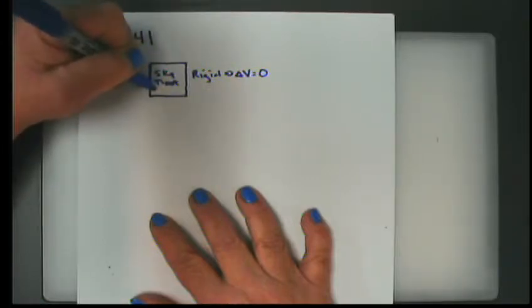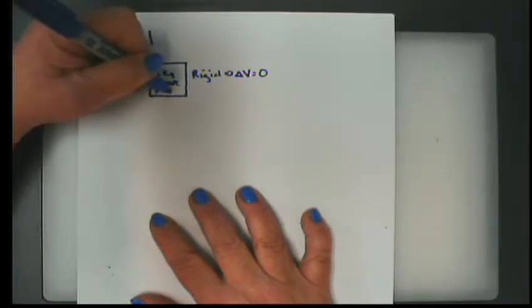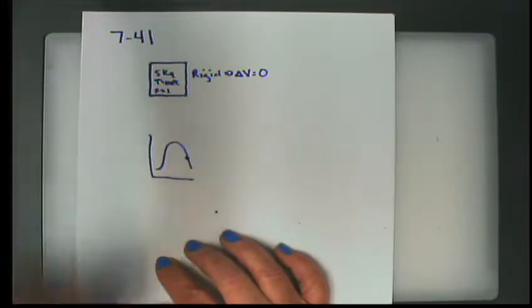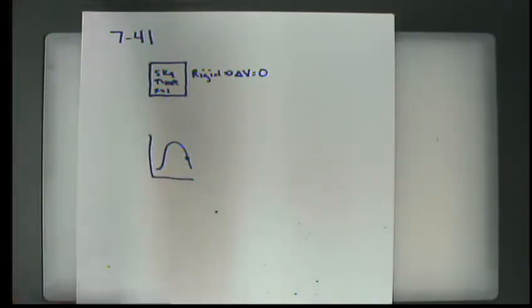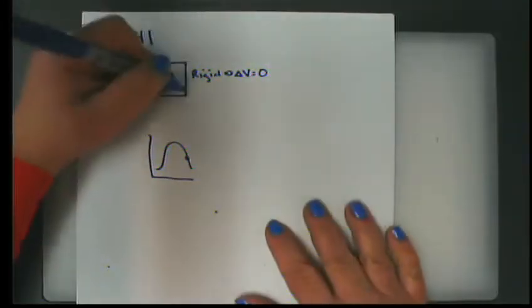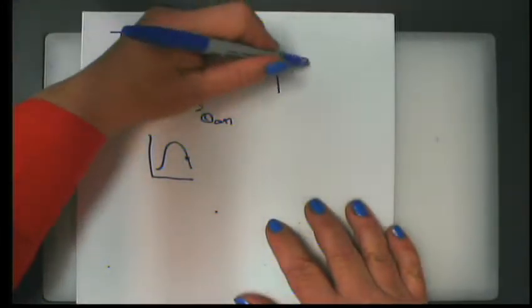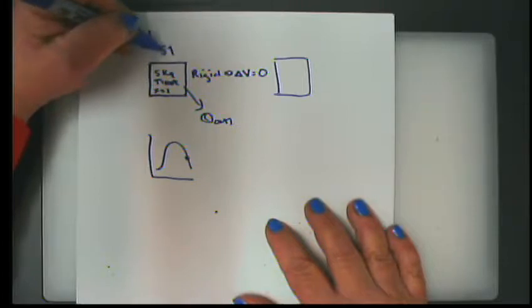Saturated steam means we are at X equal to 1, in other words, we are on this side of the curve right here. That's our state 1. The steam is cooled to the ambient temperature. That means Q goes out.